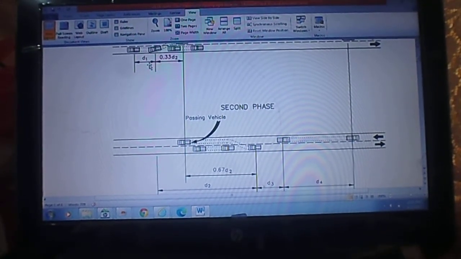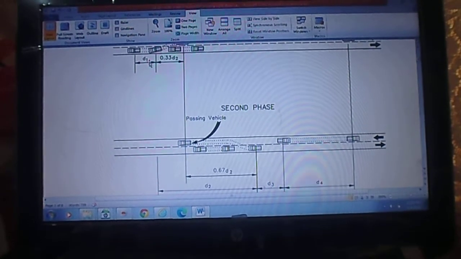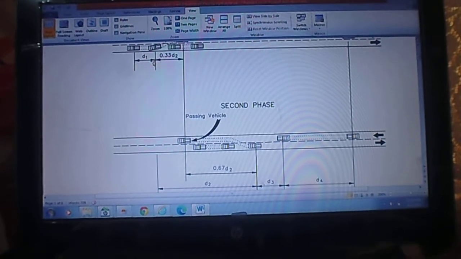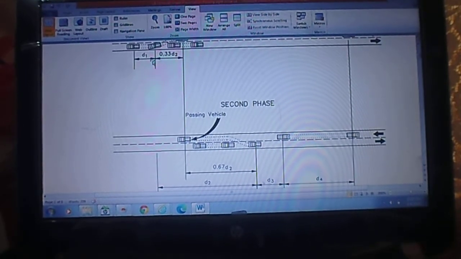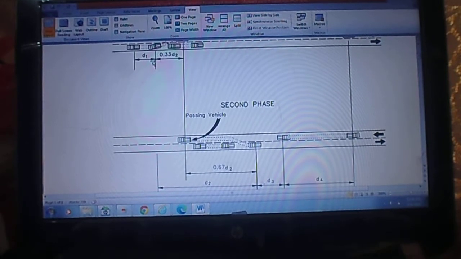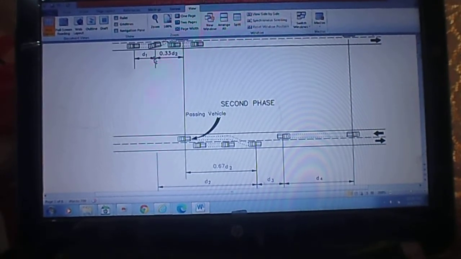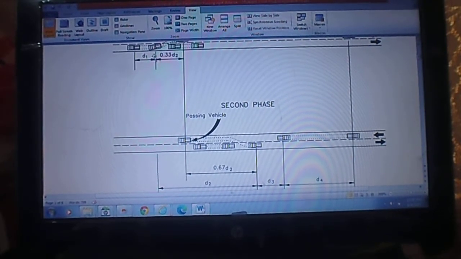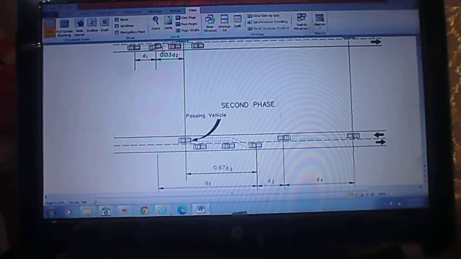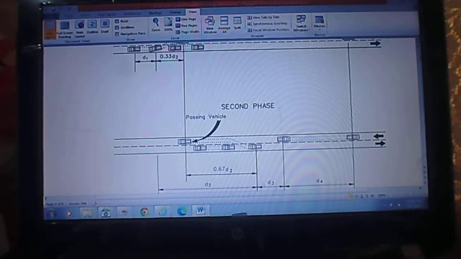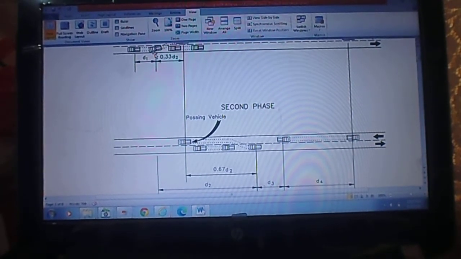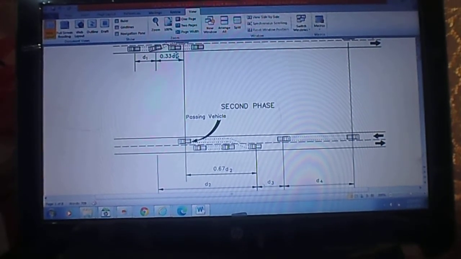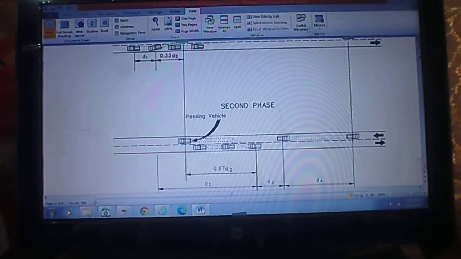One is the so-called perception reaction distance, and the other is the kinematic distance, which is determined by dividing the difference in the squares of the initial and final speed by twice the acceleration.